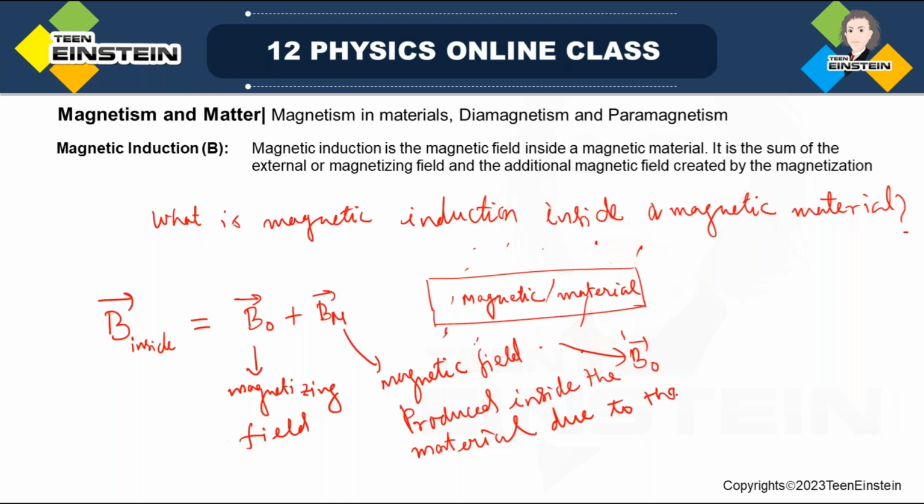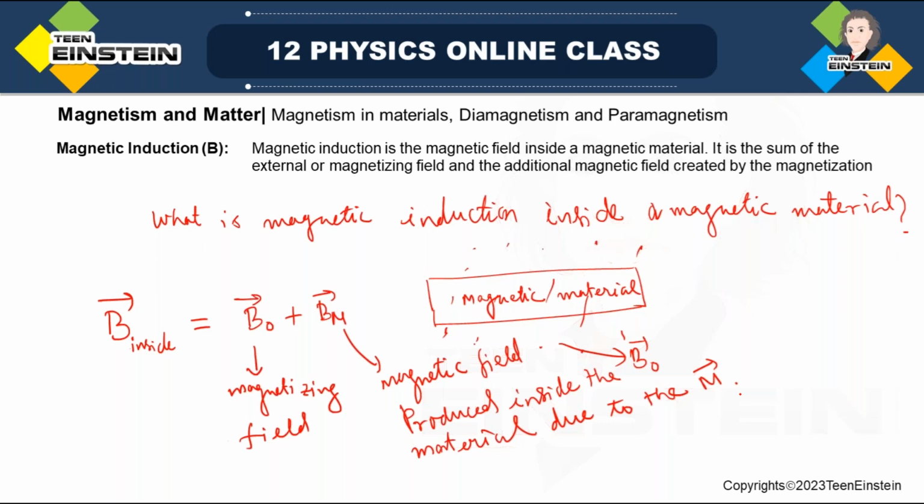I have already discussed magnetization is the M vector. Magnetization is the net dipole moment per unit volume.